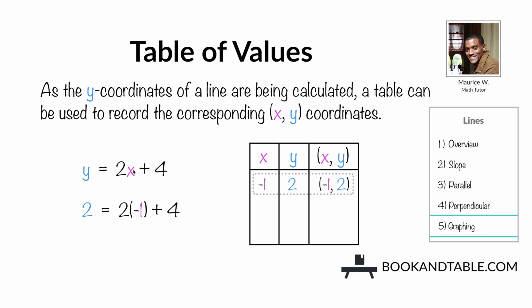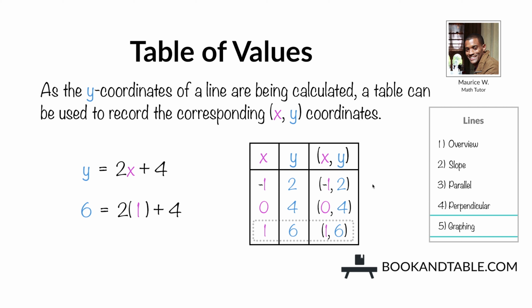So you can plug in any x-coordinate into the equation and then get the resulting y. And you plug in that x and y into this table. And the third column would be the resulting x and y coordinate. And once you do this 3 times, you'll have the 3 points that you can then plot on your coordinate plane.